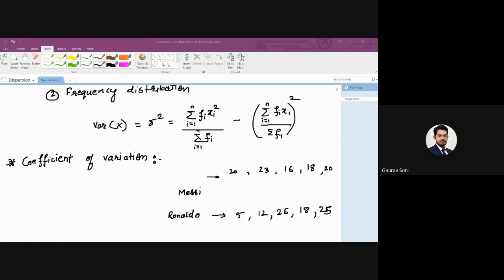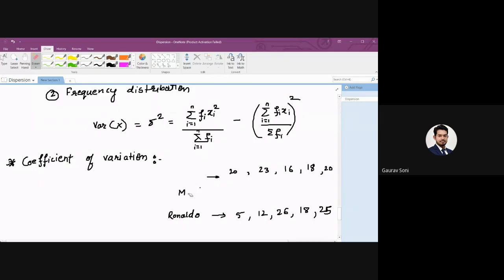Therefore the variation in the data for Messi is very less, whereas there is a lot of variation in Ronaldo's data. That's why we declare that Messi is good whenever you are looking at this data.